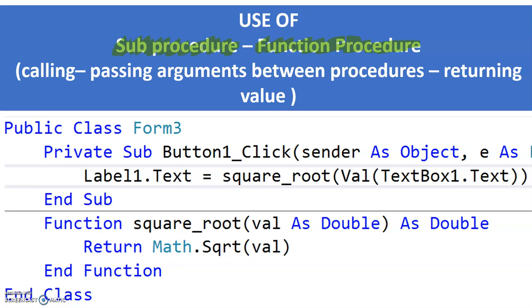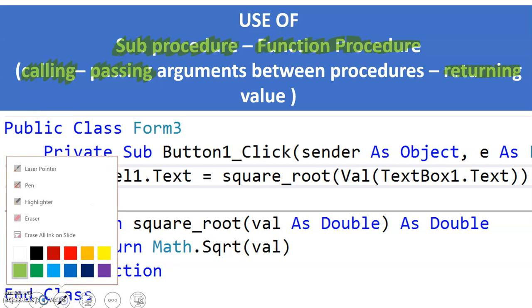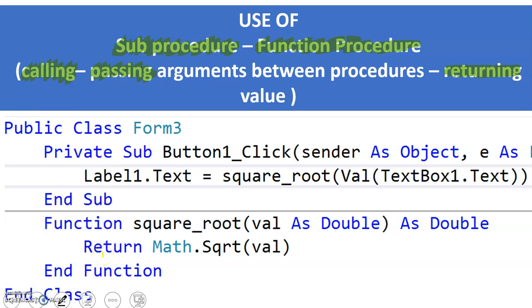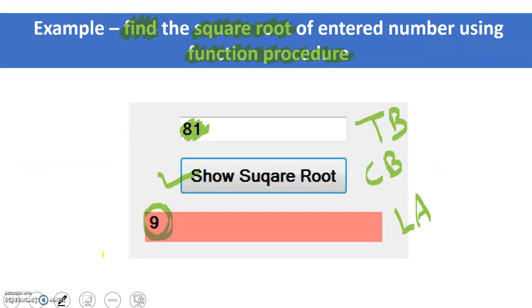Also, we will learn how to call the function, how to pass the arguments, and how it returns the value. So let's understand this code, which is for finding the square root of the entered number.